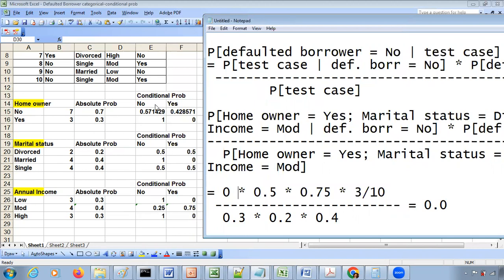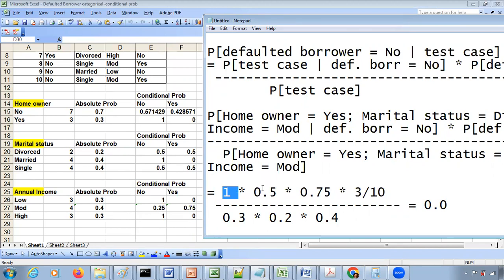So for defaulted borrower is no and homeowner is yes, the probability is 1. Somebody who is a homeowner, yes, that person is not a defaulted borrower, guaranteed. Defaulted borrower is no, that's what this means.